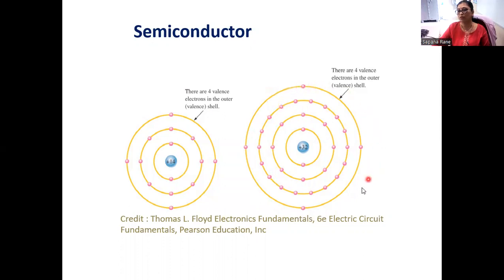Again, the last orbit contains 4 electrons, so the valency of germanium is 4. In general, we can say that the valency of the semiconducting material is 4, and materials with valency 4 act as semiconducting materials.